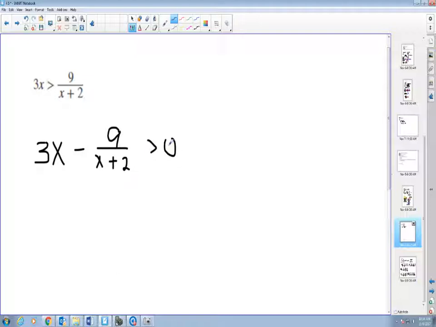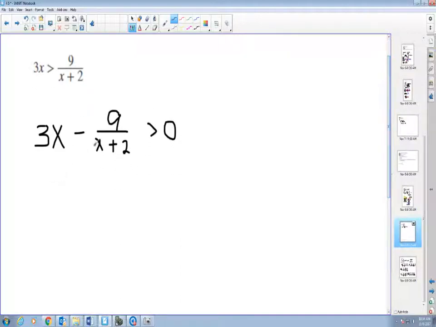Now, I'm not quite sure if I ever talked to you about what I so-called the ancient Chinese secret. So basically, whenever I'm combining a whole number with the fraction, I can always use the little trick. What is x plus 2 times my whole number term, 3x?